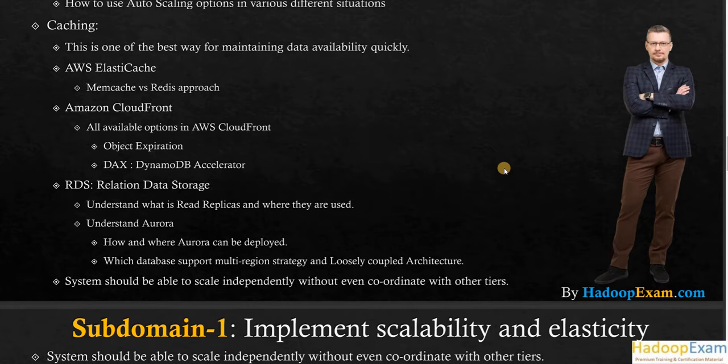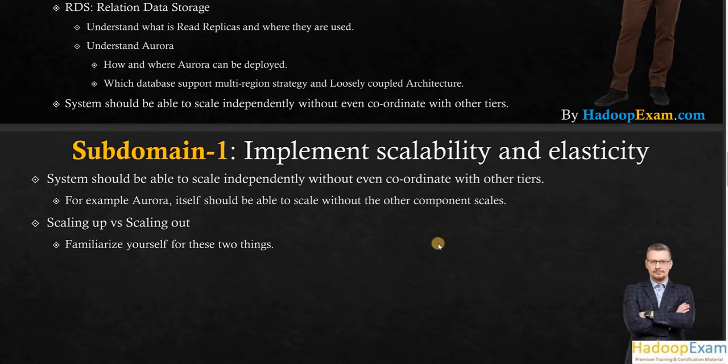But still, you need to know how to manage those things, and how to do backup, recovery, snapshots, various things about RDS. Which database supports multi-region strategy and loosely coupled architecture, where Aurora can be deployed, etc. You should know. The system should be able to scale independently without even coordinating with other tiers.